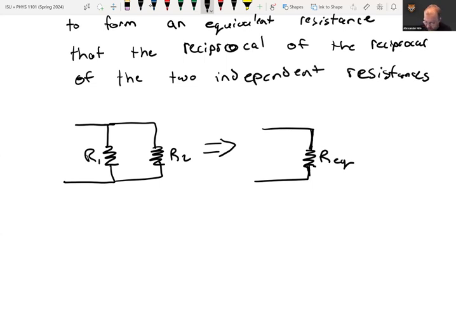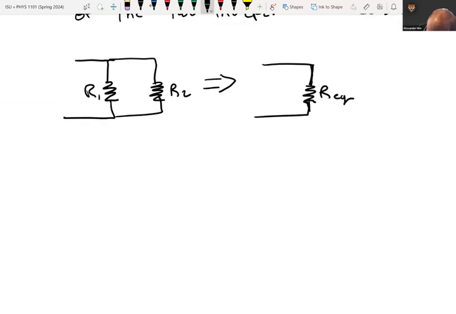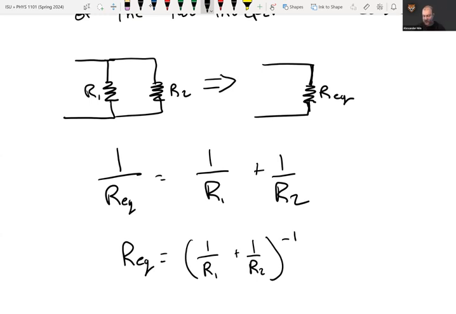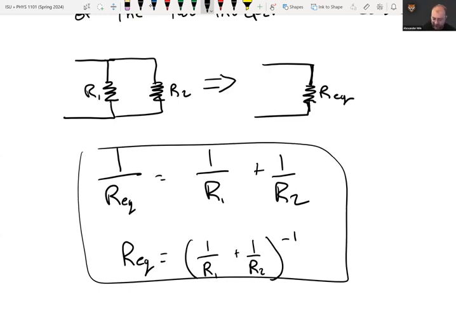For this formula, 1 over R equivalent is equal to 1 over R1 plus 1 over R2. A lot of times you'll see this written as R equivalent equals, in parentheses, 1 over R1 plus 1 over R2, to the negative 1. That is another way you might see this. But either one of these equations is going to be your rule for how things add reciprocally.